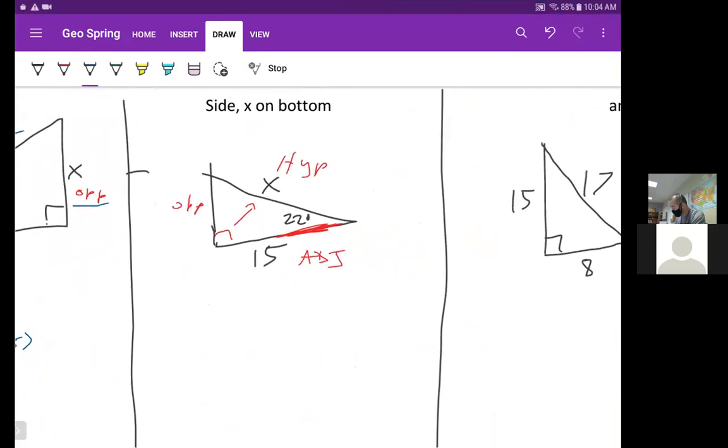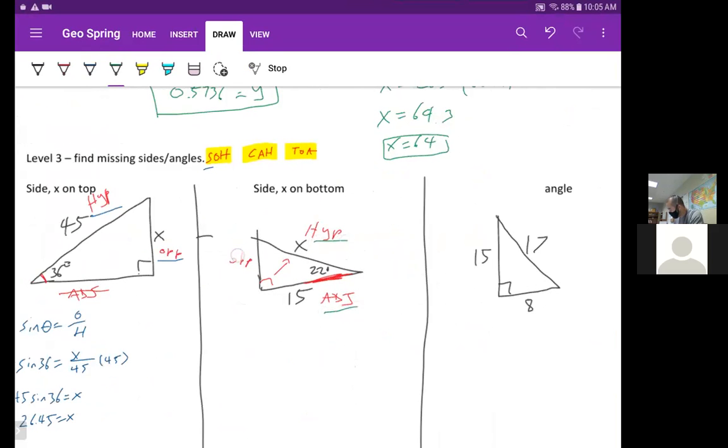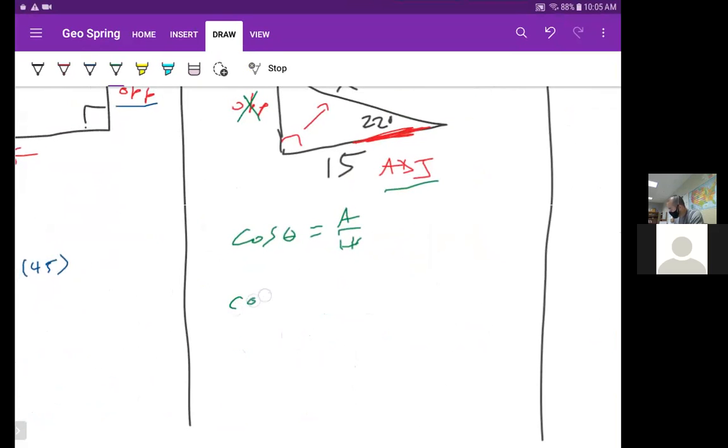So this next one, this is where x is on the bottom. This time we have A and H. We don't have O. So A and H, that's cosine. Cosine theta equals A over H. So cosine of 26 equals 15 over x. We're using the shortcut here. So take this and flip them. If you want to see why this works, watch my other video.